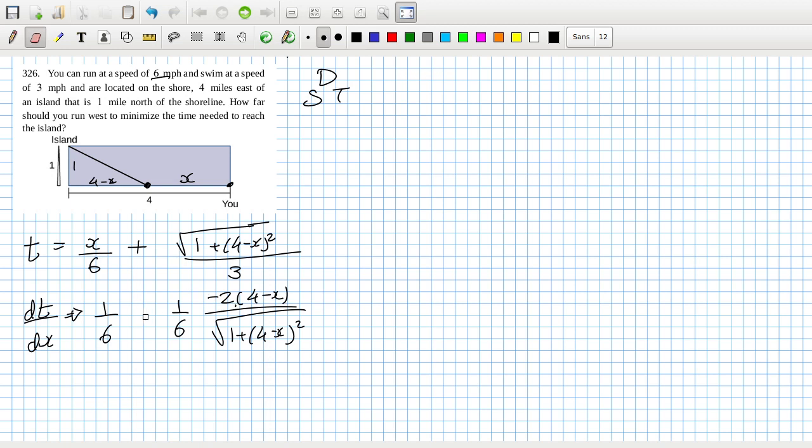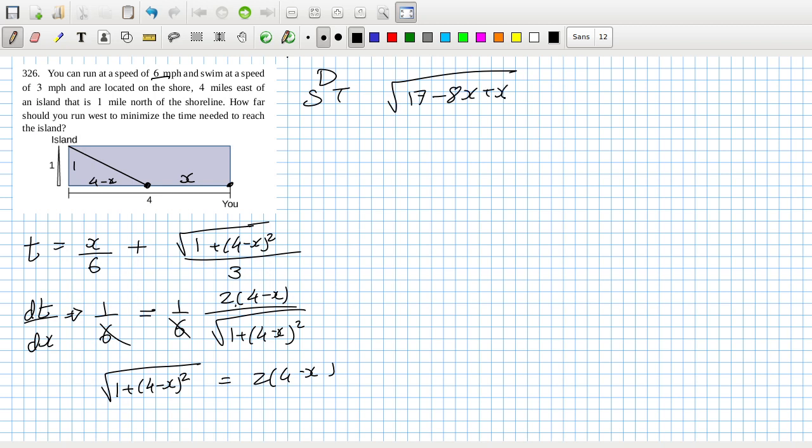The 6's cancel, and we have root of 1 plus (4 minus x) squared equals 2(4 minus x). So that would be root of 17 minus 8x plus x squared equals 8 minus 2x. I'll square. So that's x squared minus 8x plus 17 equals 4x squared minus 32x plus 64, I think.